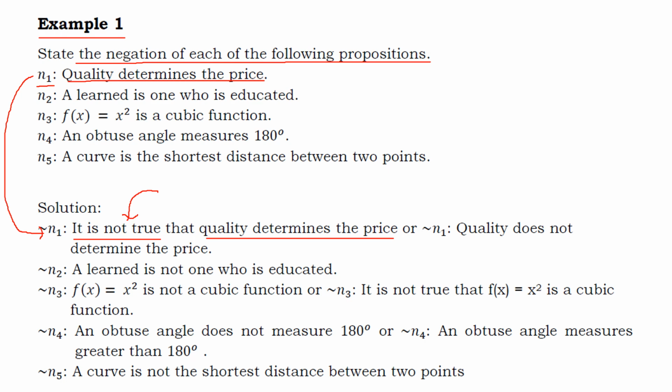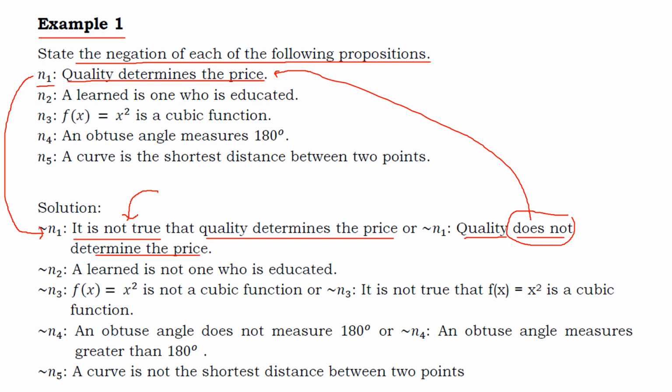Or we can rewrite this original proposition in another way. In converting this to its negation, it can be: quality does not determine the price. By simply using "does not" here, you are opposing the original proposition.